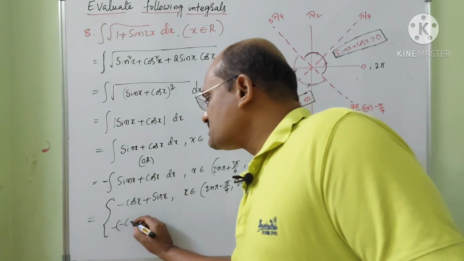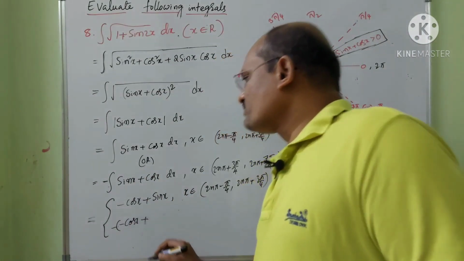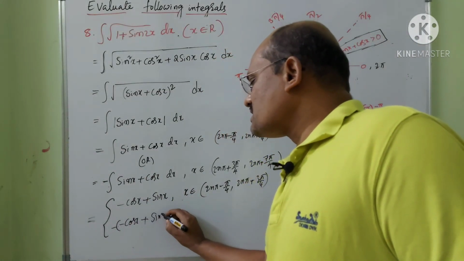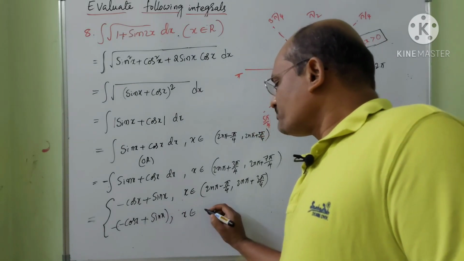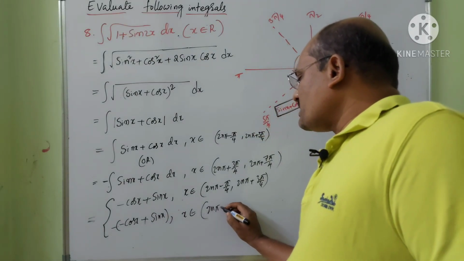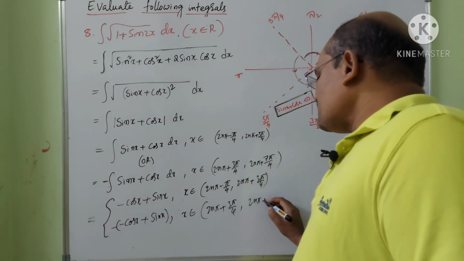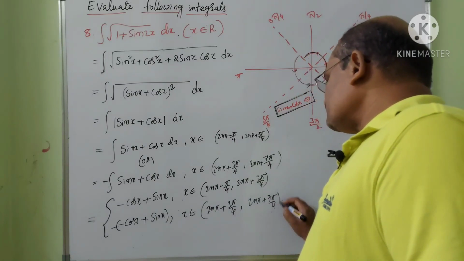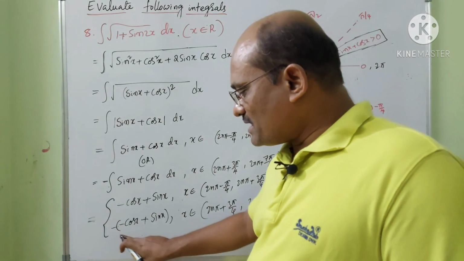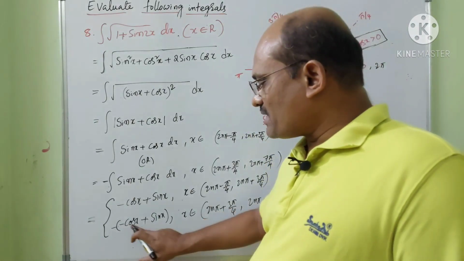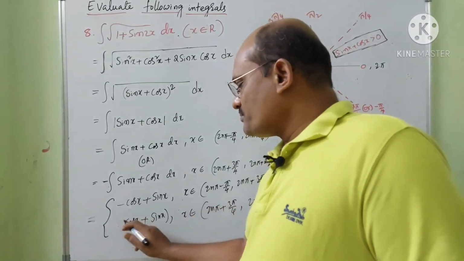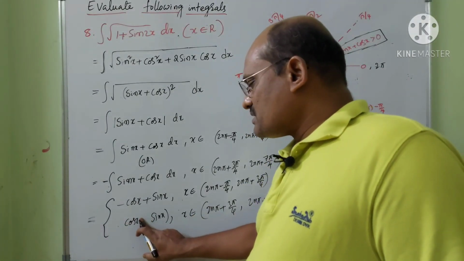Sin x integration is minus cos x plus cos x integration is sin x. This is for 2n pi plus 3 pi by 4 comma 2n pi plus 7 pi by 4. If you multiply with minus, here plus comes, here minus comes. So I am writing directly plus, this is minus.